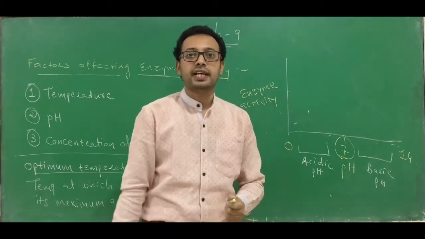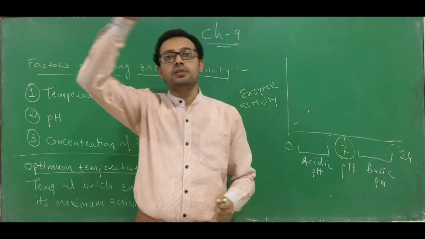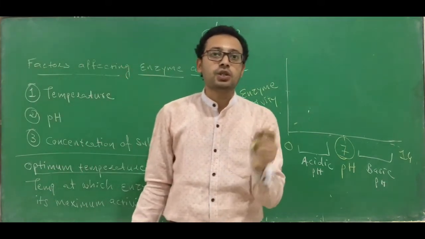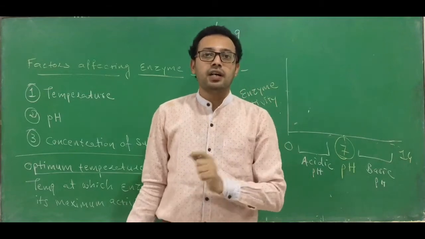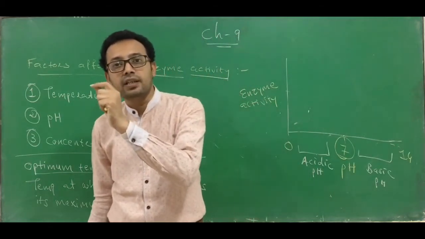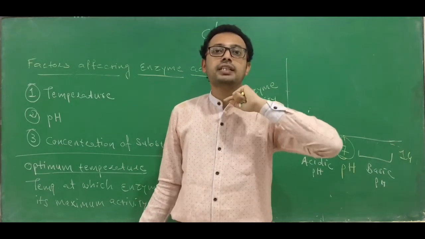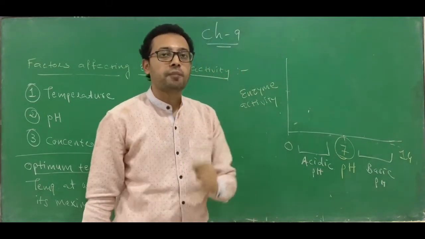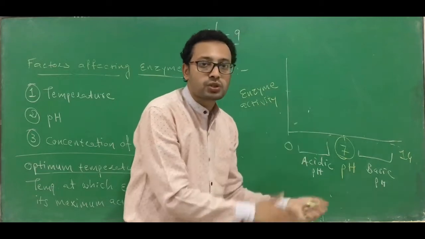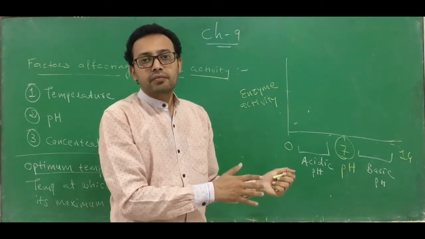You might have studied in the 10th standard that pepsinogen converts to pepsin in the presence of dilute hydrochloric acid. Dilute hydrochloric acid provides an acidic pH, and at this pH, the enzyme shows its optimum activity. So some enzymes show the maximum activity at an acidic pH.